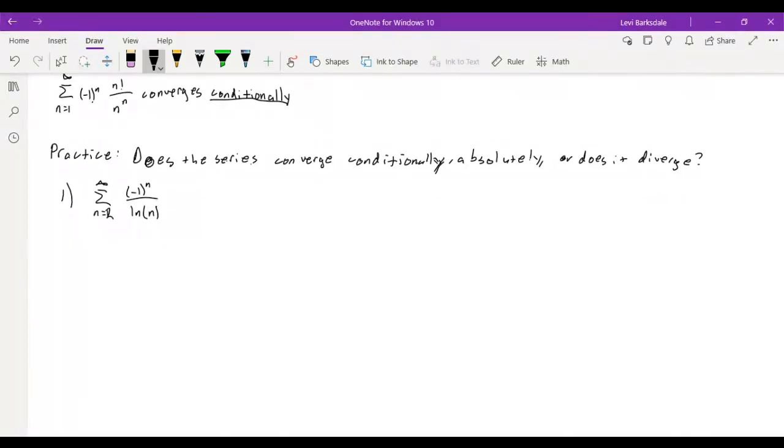All right, time to go over this problem. Remember, for it to pass the alternating series test, these two conditions need to be satisfied. First, the limit as n approaches infinity of 1 over the natural log of n should be 0, and it is because the natural log of n approaches infinity, so 1 over infinity gives us 0. Second, we need to see that 1 over the natural log of n plus 1 should be smaller than 1 over the natural log of n.